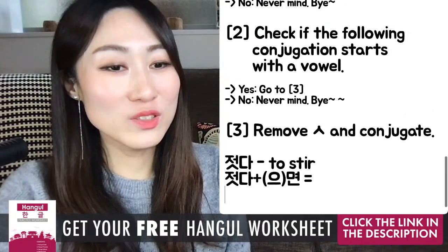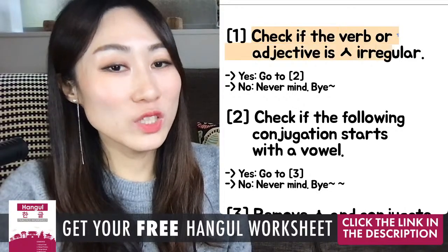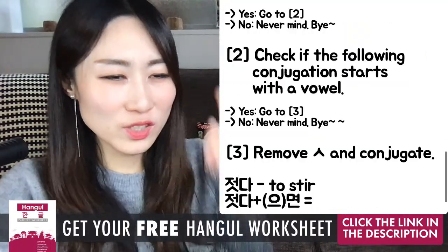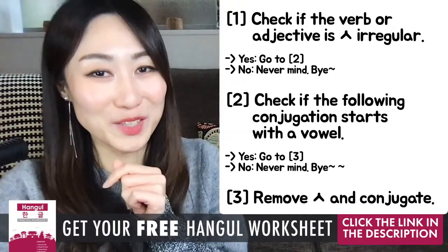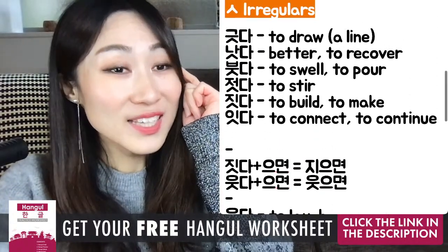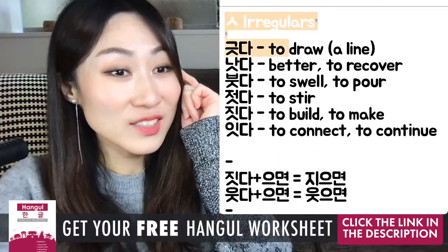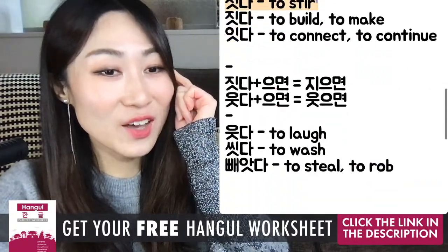So let's follow this rule. Number 1, if the verb or adjective is ㅅ irregular. Is 젓다 ㅅ irregular? I don't remember. Well, if you remember, that would be great, by the way. I don't remember. Let's see the list. Yes, it's ㅅ irregular. It's here. 젓다, to stir. Okay?